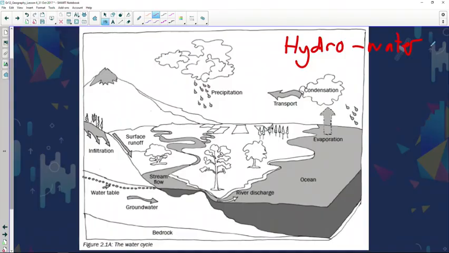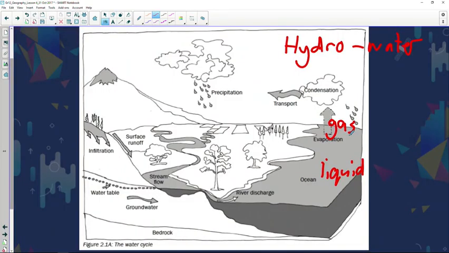Now, how does this process develop? First of all, evaporation takes place. What is evaporation? It's when the liquid water of the oceans is being evaporated. It turns from a liquid form to a gas form. That happens usually during warm, hot conditions. As it moves higher in the atmosphere, what happens to that gas?